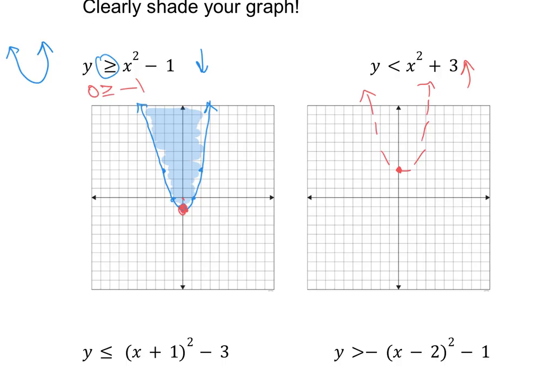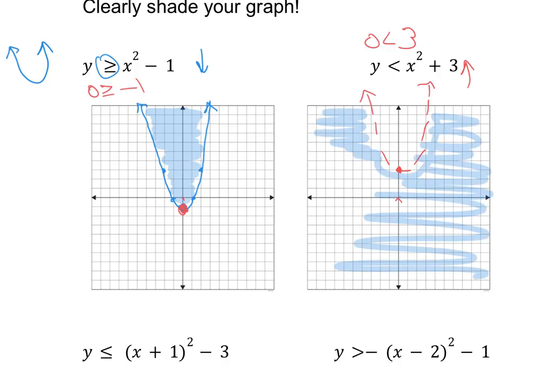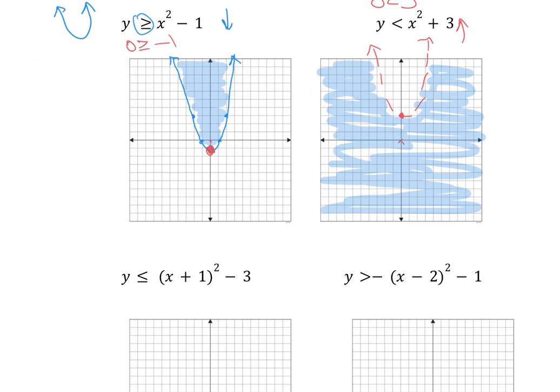And then if we tested the ordered pair 0, 0 right here, 0 is less than 0 squared plus 3, which is 3. And yes, that would be the area that would be shaded, where the 0, 0 is, which is on the outside. Also thinking less than would be below. So if we think about it, above would be on the inside, below would be on the outside.